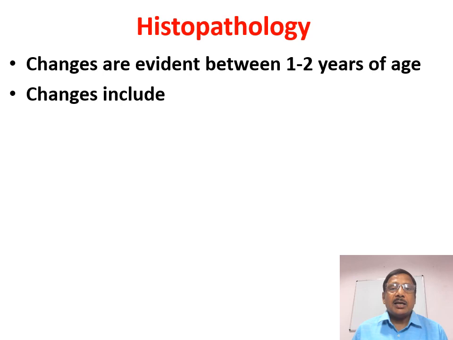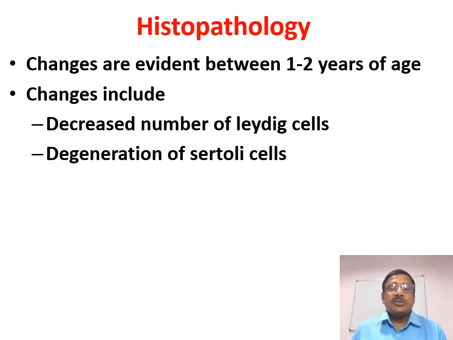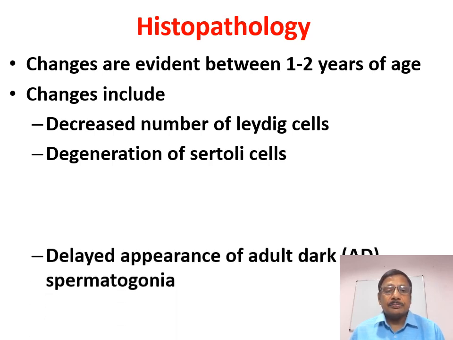If they are undescended, they are close to the body, what is going to happen? There is a decreased number of Leydig cells and there is degeneration of Sertoli cells. As you know, if the Leydig cells are decreased, then there will be decreased production of testosterone.